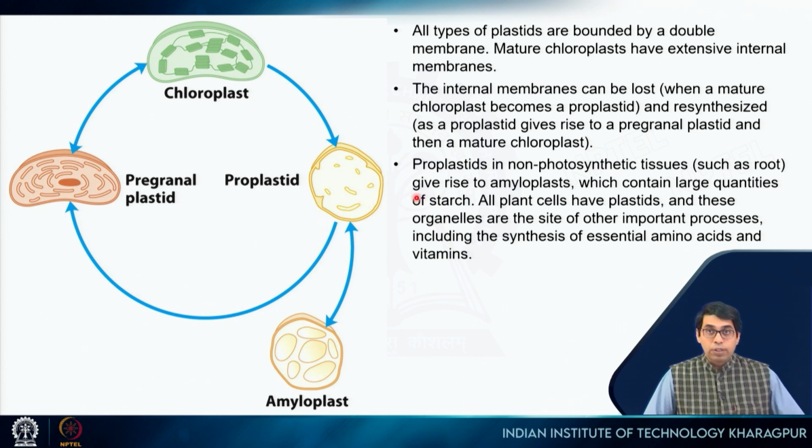Proplastids in non-photosynthetic tissues such as root can give rise to amyloplasts, which is here, which contain large quantities of starch. All plant cells have plastids, and these organelles are the site of important processes such as synthesis of essential amino acids and vitamins. So, all the essential amino acids and vitamins are synthesized in these plastids.